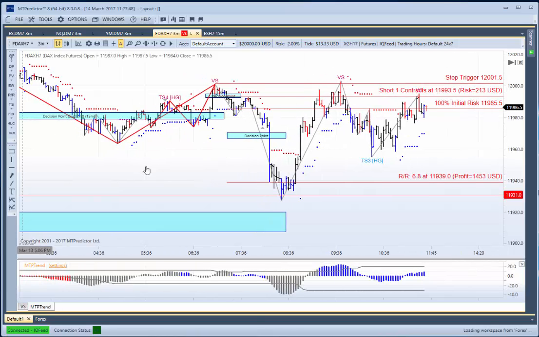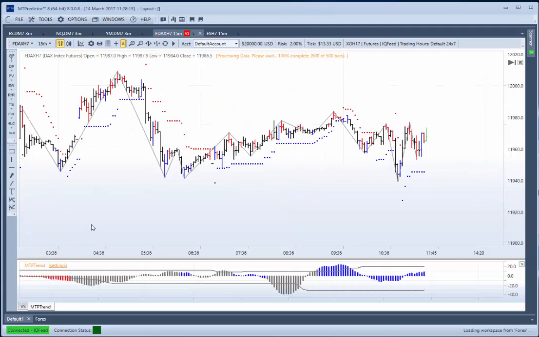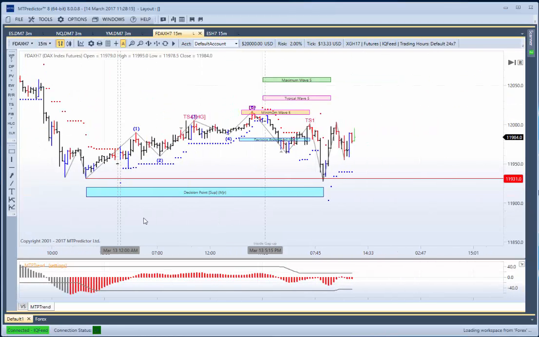So this was, I thought, a very good example to show how you can use the additional tools within the brand new MTPredictor version 8 software to not only uncover some great trade setups, but also keep your losses small. Remember, losses can and will and do unfold, but also be able to increase your profits or maximize your profits on the good trades by not only just looking at the current time frame, but also how that fits in with your higher time frame charts and analysis as well.